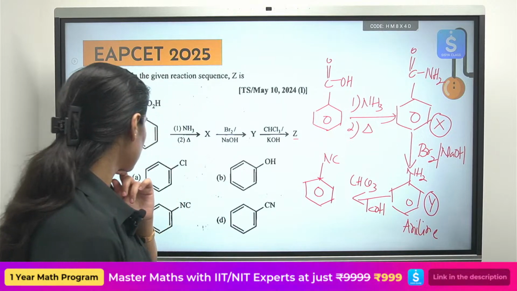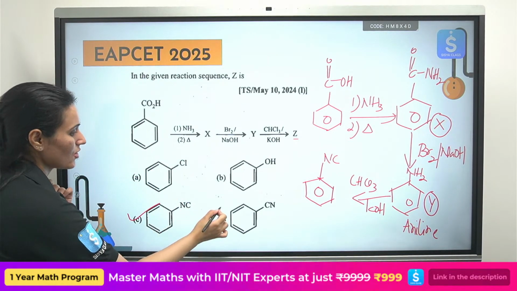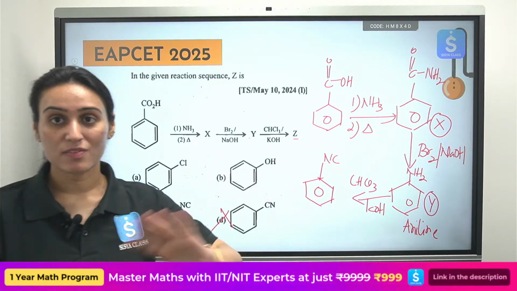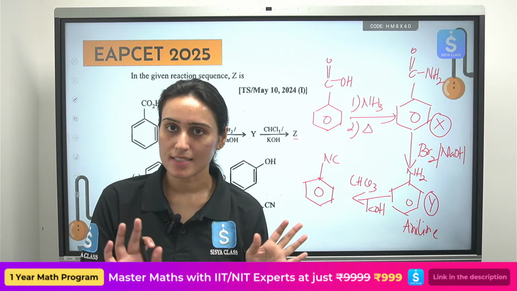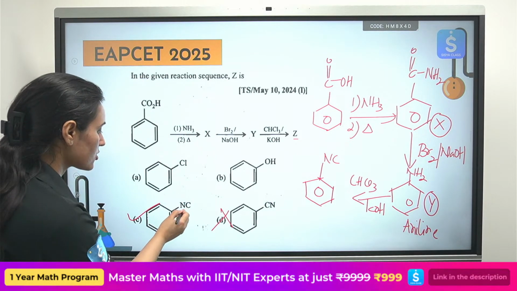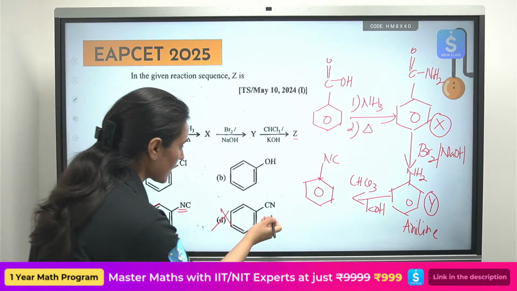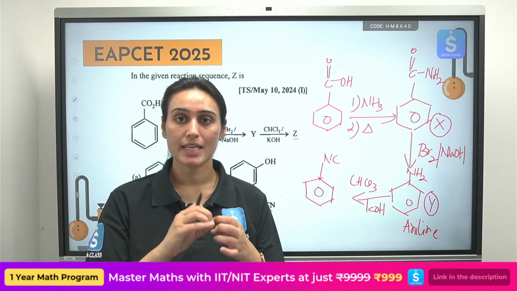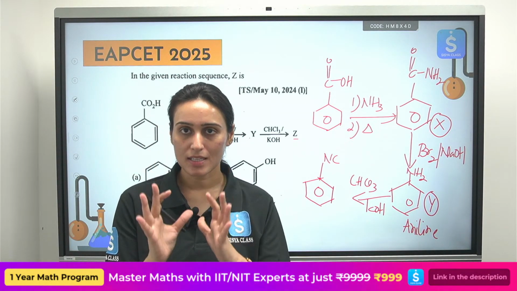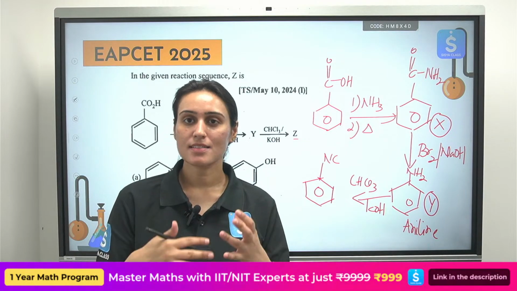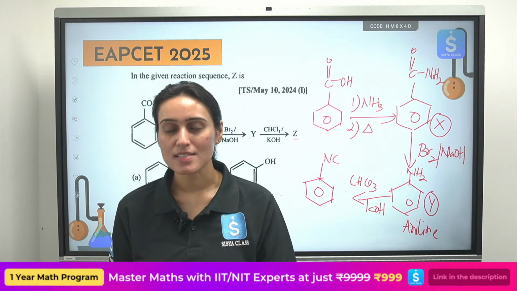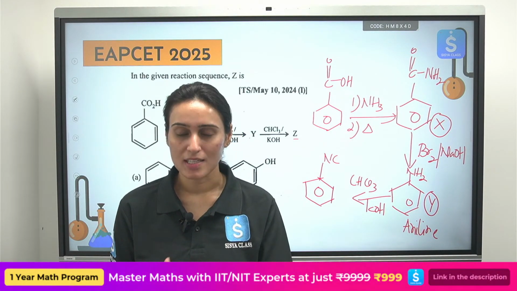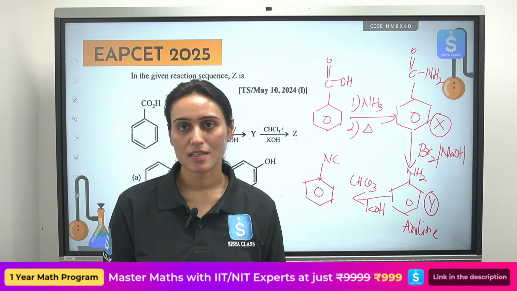So option C. Please don't write option D. We are not forming cyanide. We are forming isocyanide. There is a difference. Here, the nitrogen is your donor atom. Here, the carbon is your donor atom. We consider them to be ambidentate nucleophiles, or ambident nucleophiles. A similar thing you see in coordination compounds also.